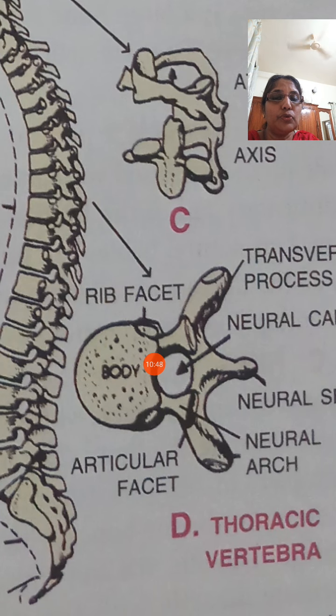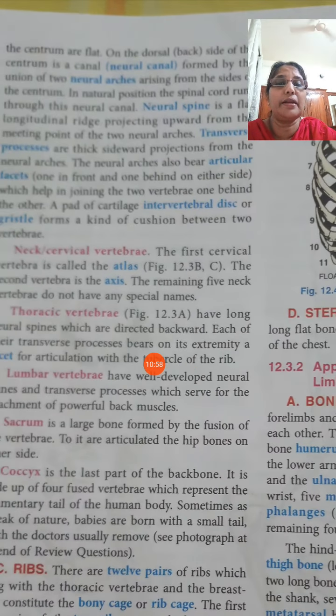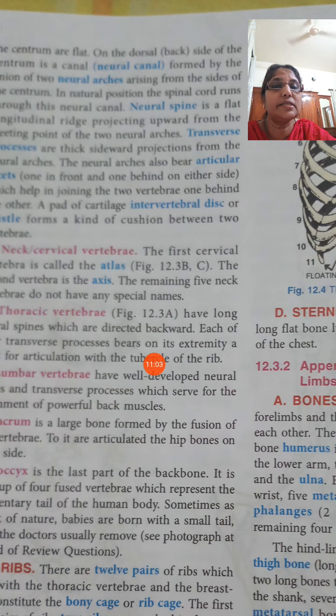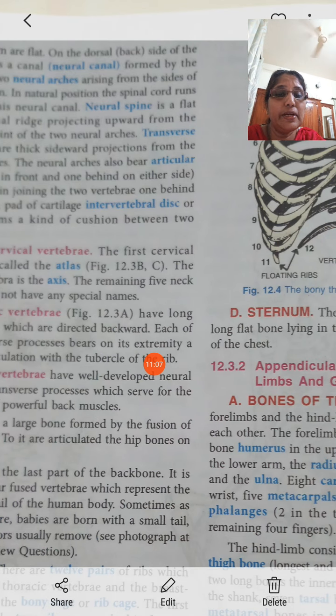You can see that through the neural canal our spinal cord is coming out. Then we can see two neural arches, and the transverse process.